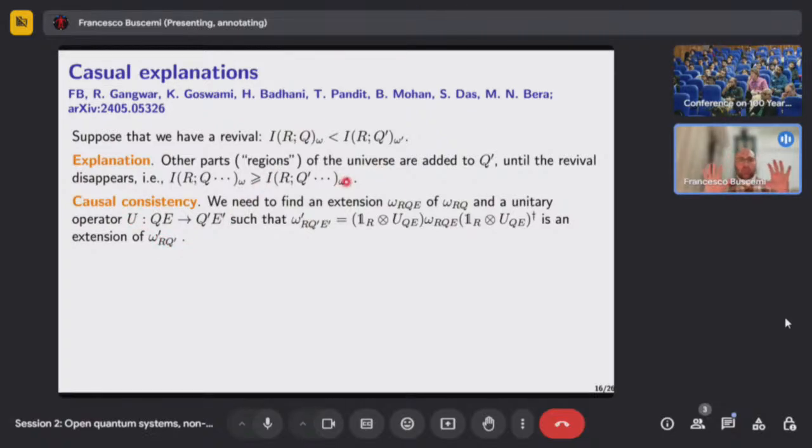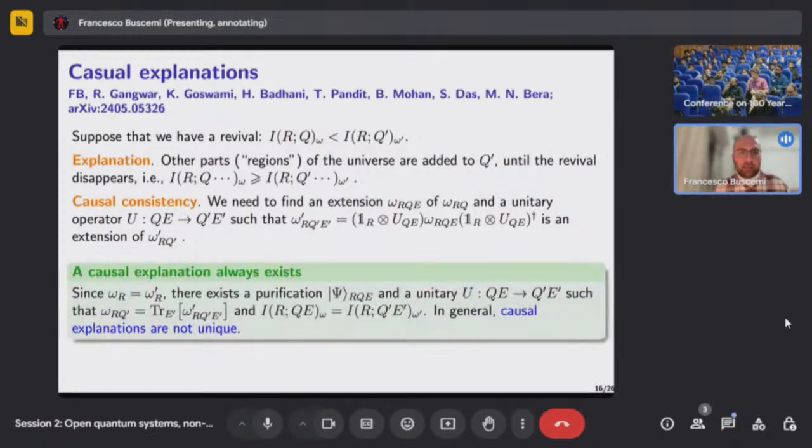So everything basically has to be consistent with your assumption that the system is interacting with the environment. So essentially it means that you can add to the system its causal past, okay? If you do that, you can always find an explanation. You can always find, in particular, let me use this term, a causal explanation. And how do you find this causal explanation?